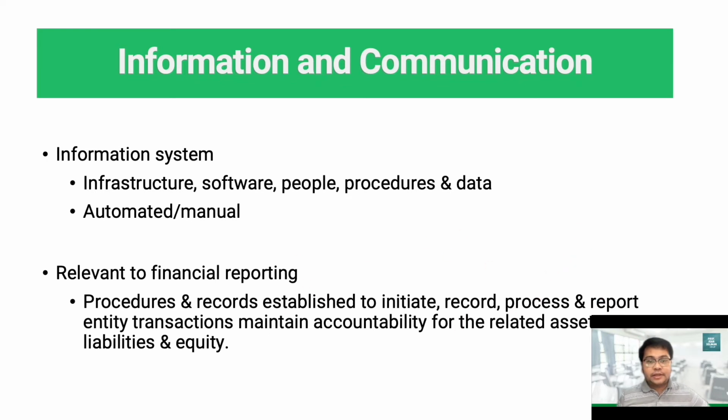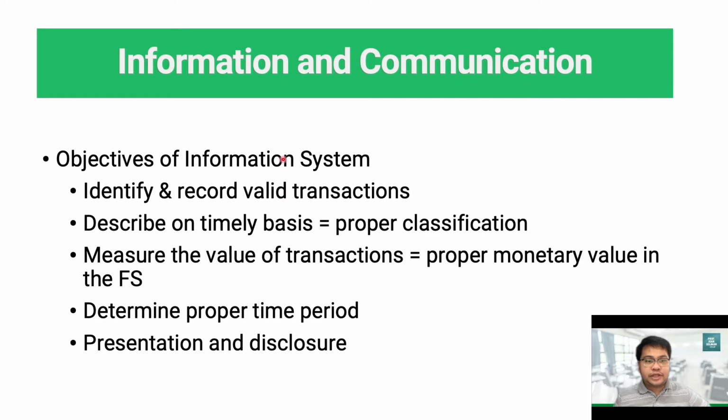We also have to check whether the client achieved the objective of the information system. The objectives of the information system of our client include the ability to identify and record valid transactions. We can check or validate on that, especially when we perform our test of controls.